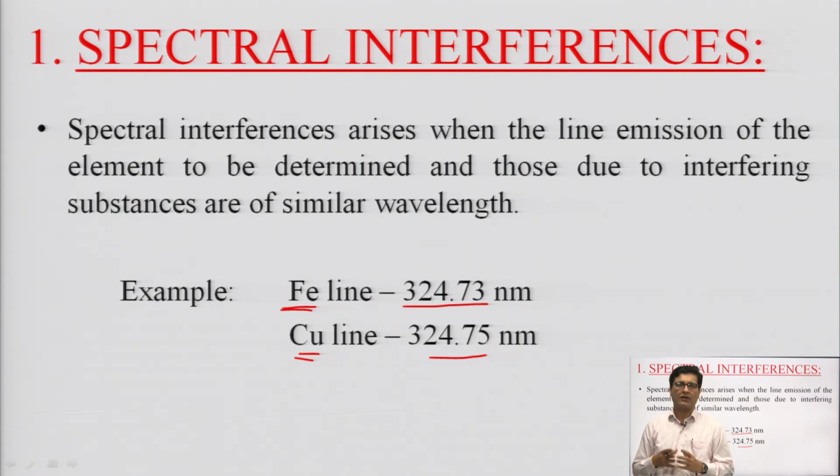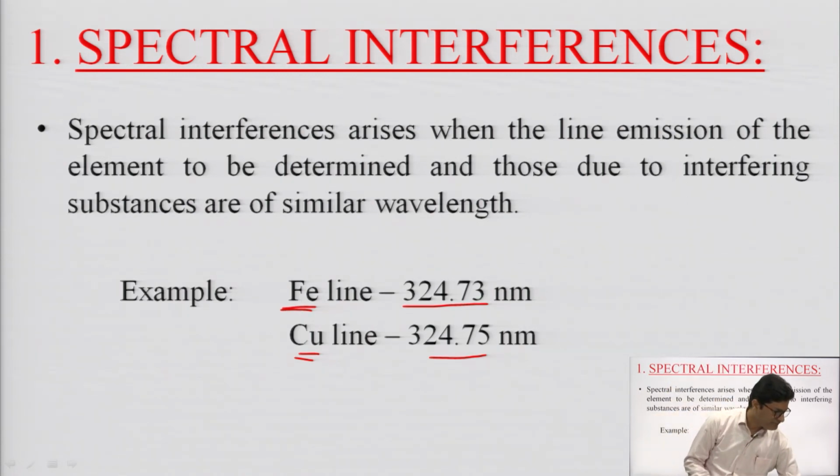So, if you have a spectrometer with a poor wavelength selector, a poor dispersion component, it would not be able to separate these two peaks from each other, and you would definitely get a single signal. Therefore, this can be confused. If some copper impurities are present in the iron, they will be overlooked.